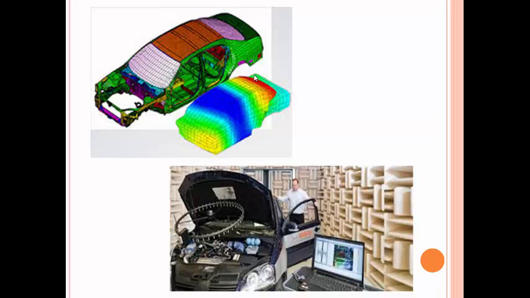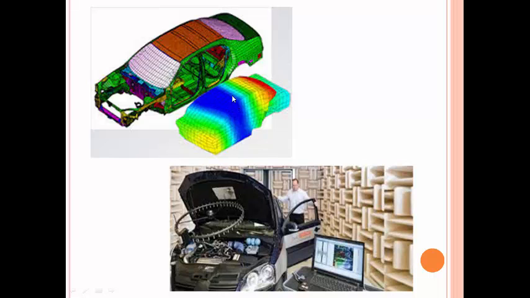So the first model over here projects the simulation output. The red area actually denotes a high intensity of vibration. This is the front portion of the car which houses the engine, and gradually as we move to the front cabin we can see that the color reduces, which shows that there's less vibration.